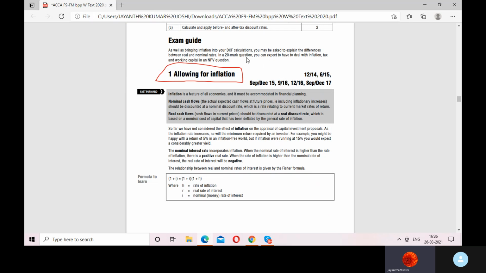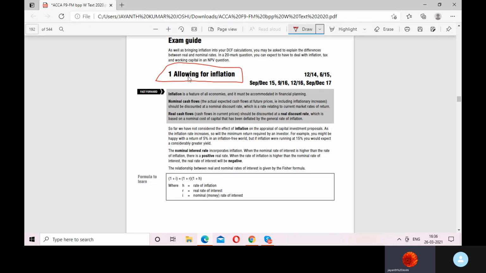That means it is naturally seen that in the long term, since the demand for everything is rising, we expect the prices to go up. So whatever project you are investing into, you expect things to become costlier and you want to include the inflation factor in your cash flows.